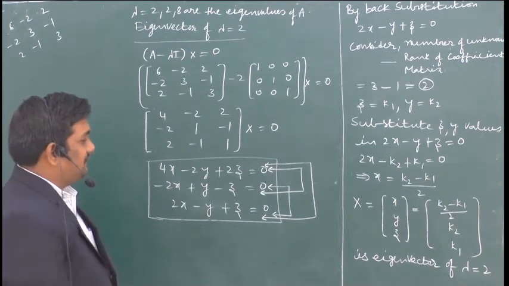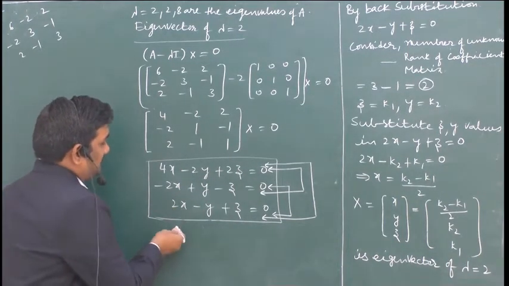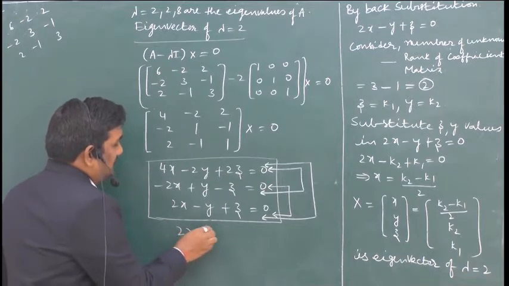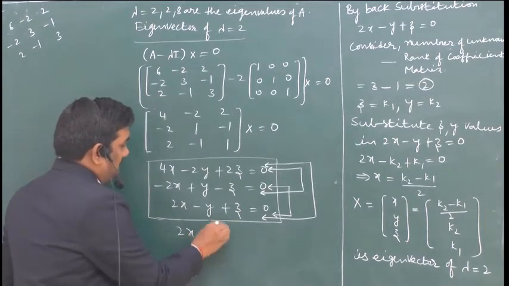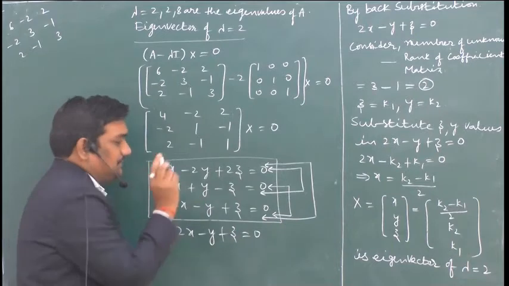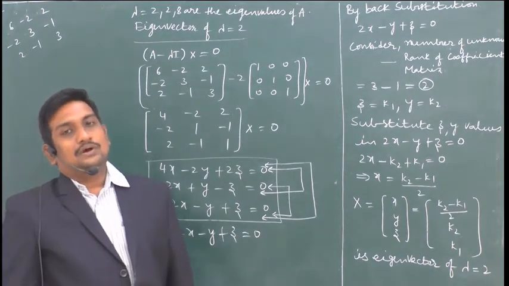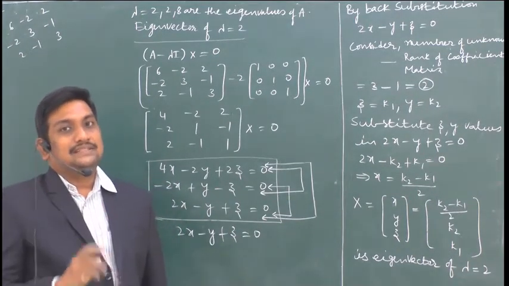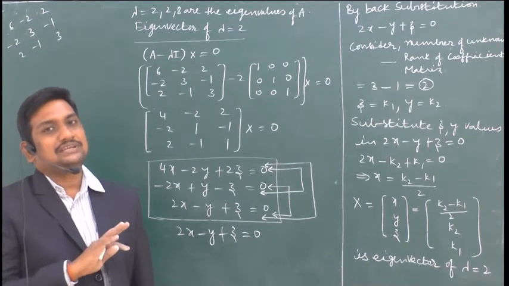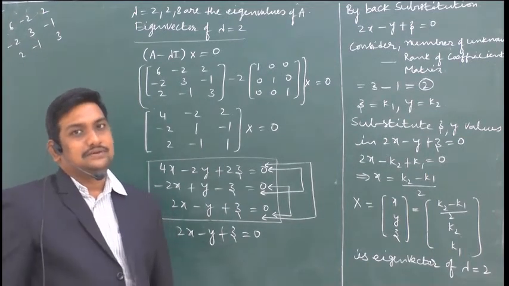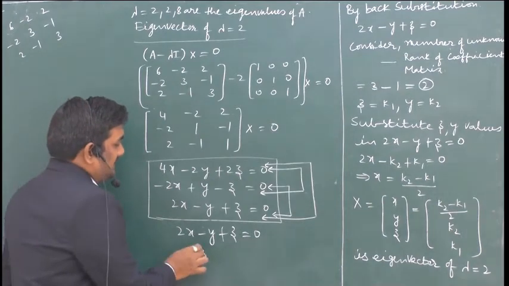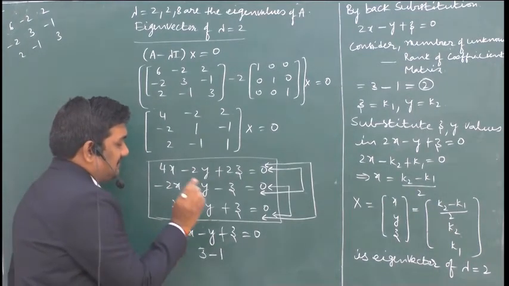Now write the different equation from all the above. The unique equation is 2x minus y plus z equals to 0. So you have one equation and 3 unknowns. Take the difference, number of unknowns minus number of equations.